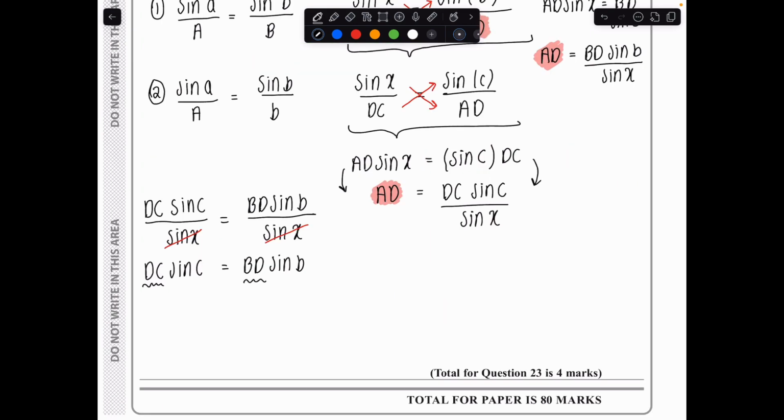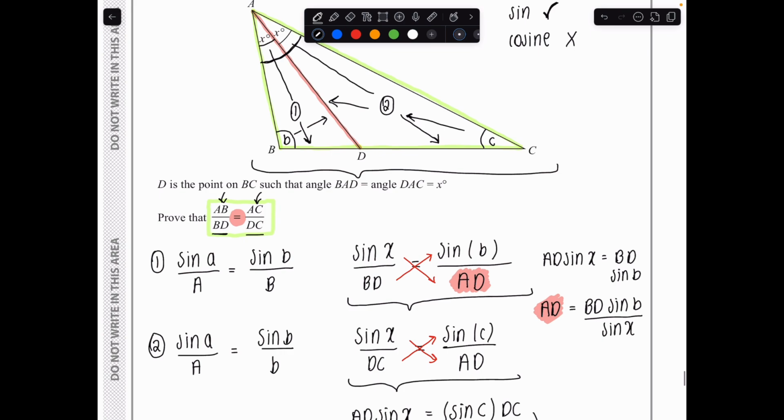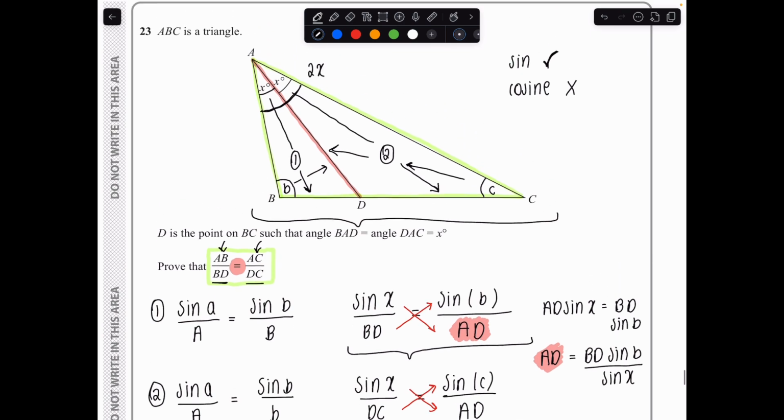So from here, what we can think about is using the sine rule for the entire triangle. So here, what we're looking for is somehow using the side AB and using the side AC here. So in this case, what are the two angles where their opposites are the sides AB and AC? That would be the angle B and the angle C that we've labeled here.